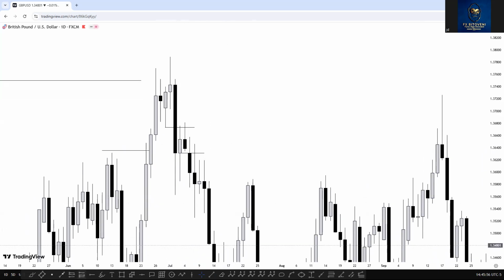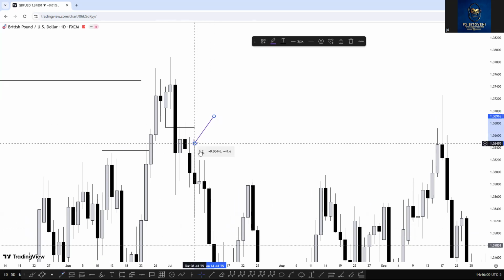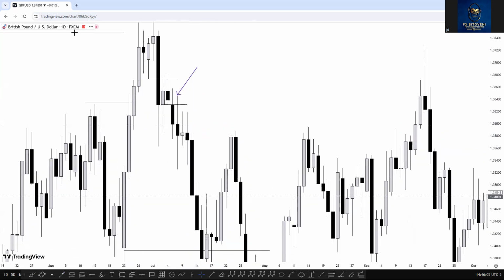So this is a test. This is a test where you should be looking for a sell opportunity. Remember, you are on a daily, you are following daily key levels. Again, this one, you can see it was taken by this candle, but it did not engulf the wick.